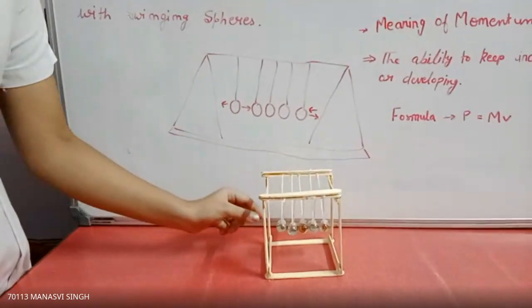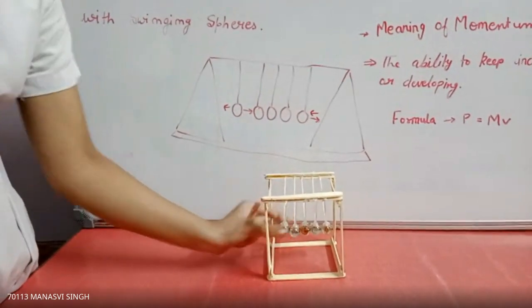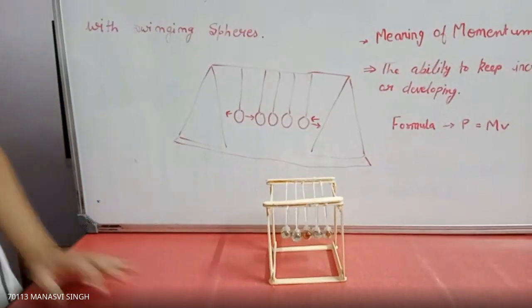The last sphere swings back and strikes the nearly stationary spheres, repeating the effect in the opposite direction.